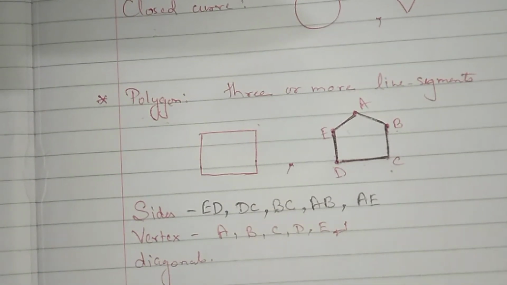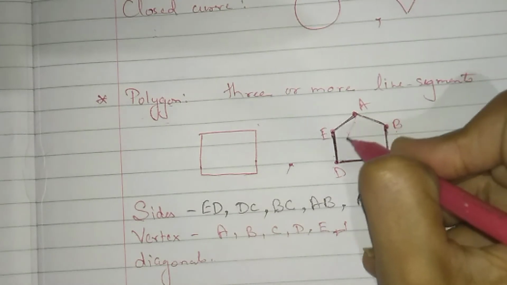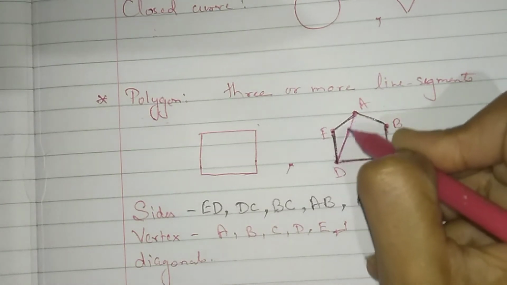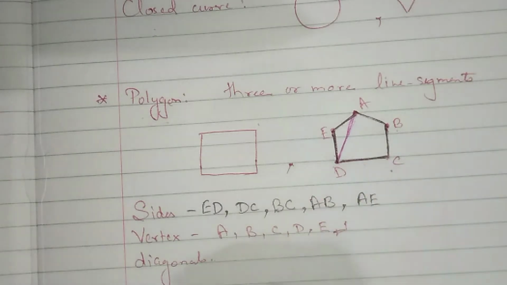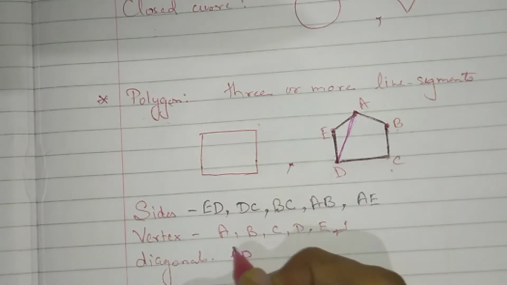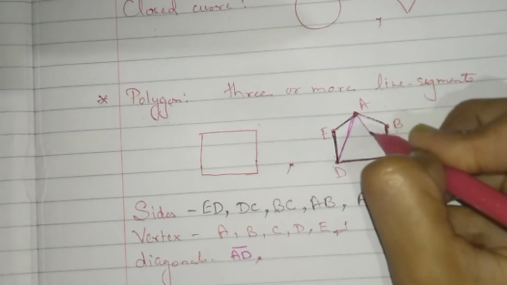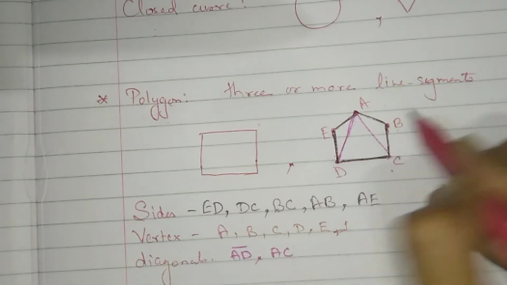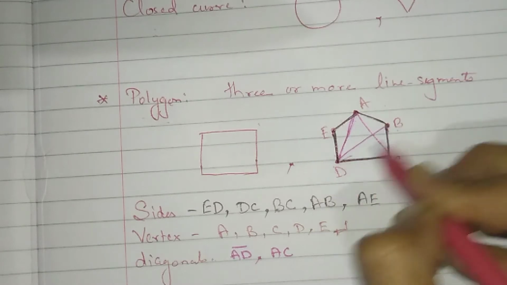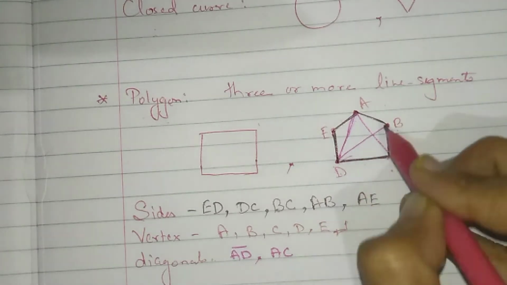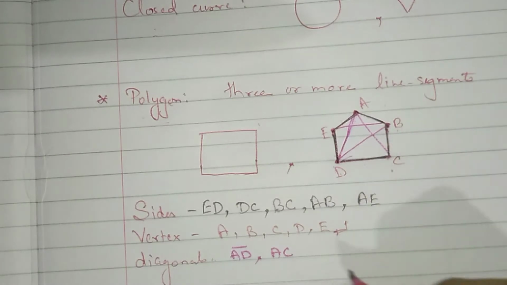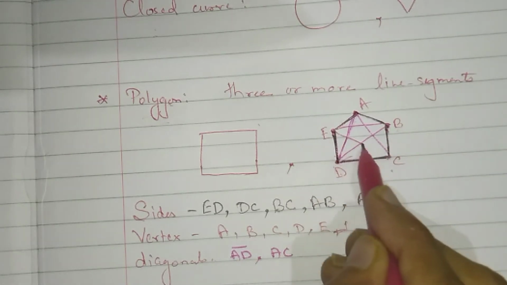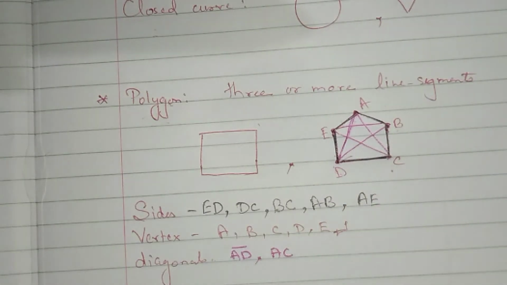Now see what are called diagonals. If we join A and D, that is called a diagonal. So AD is a diagonal, AC is also a diagonal, BD is a diagonal, BE is also a diagonal, CE is also a diagonal.